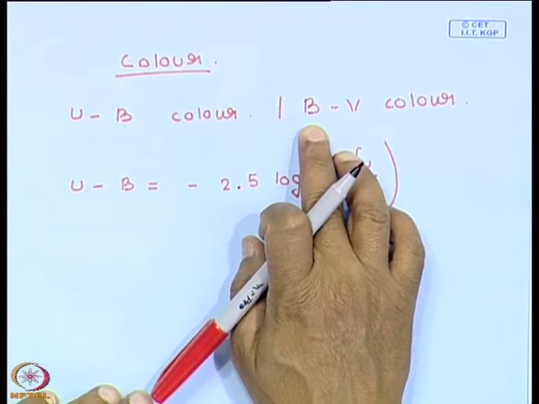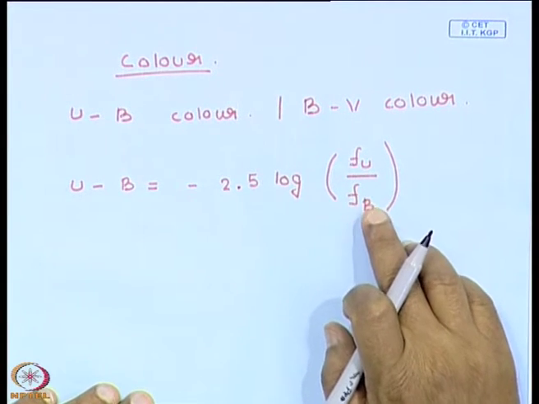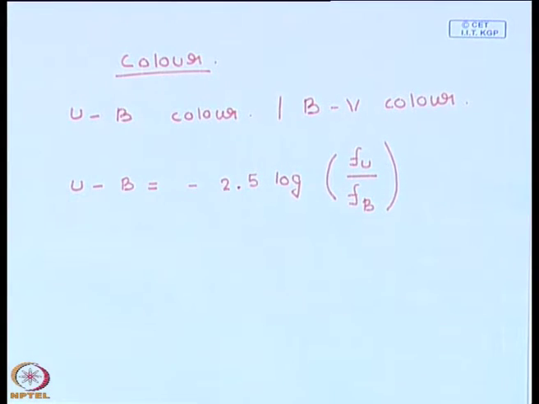This again will be the ratio of the flux in the blue band to the flux in the visual band. What do these colors tell us? The color gives us an estimate of what we actually mean by color when we use the word in daily parlance.